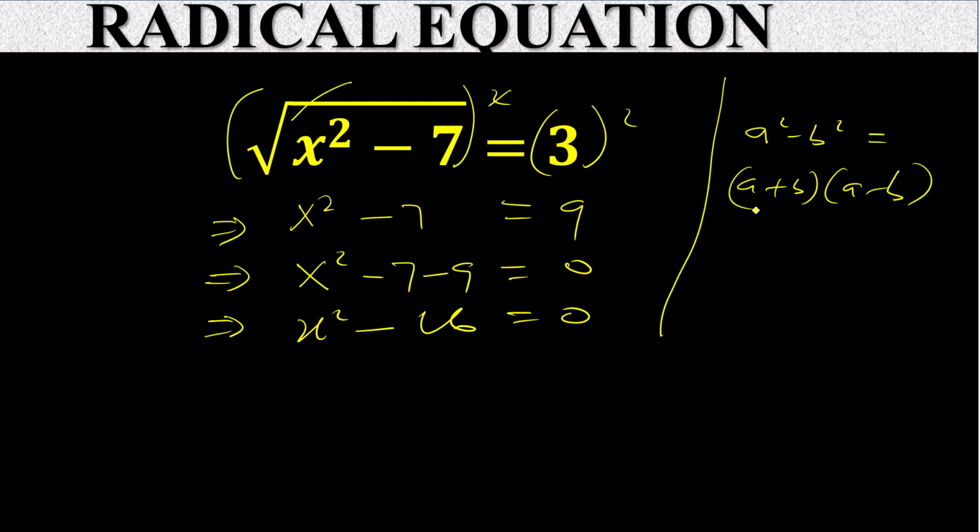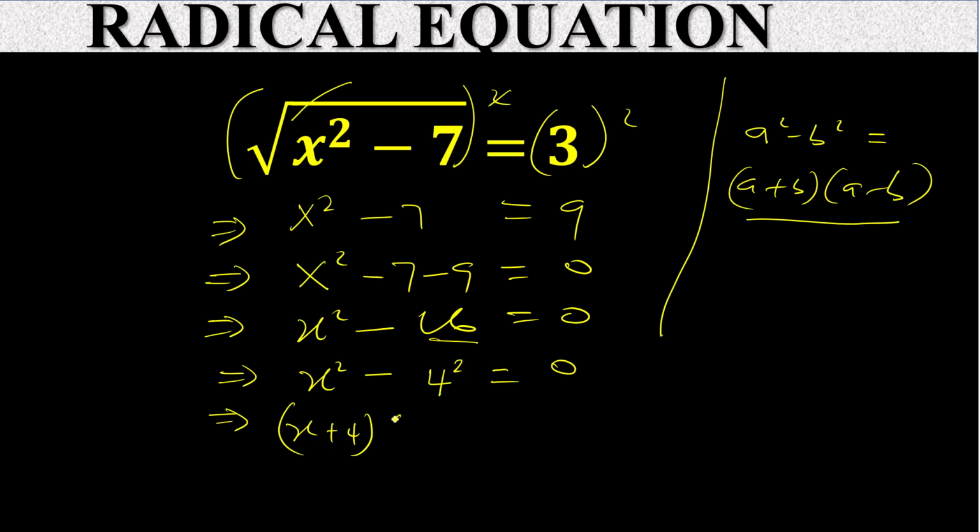We call this difference of two squares. Same thing is happening here. 16 can be written as 4 squared because 4 times 4 is 16. So this is the same as (x plus 4)(x minus 4) equal to 0.